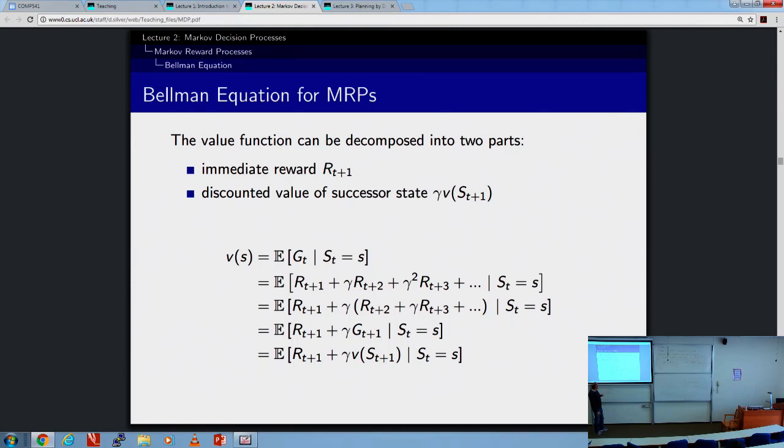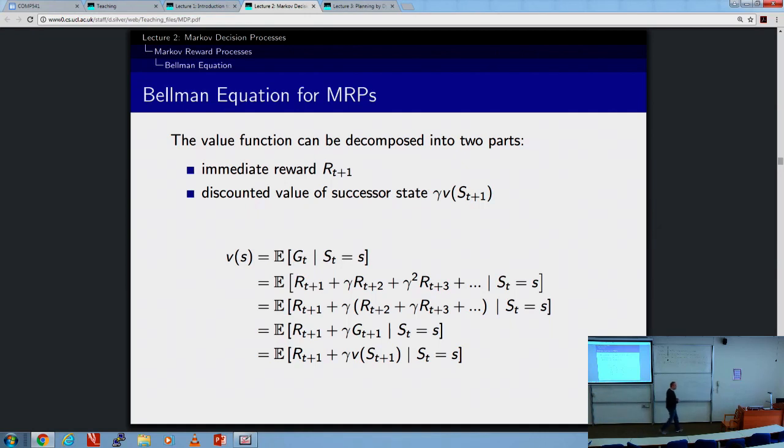So if I take the expectation of G_{t+1}, what is it? It's the value function of whatever state I end up in. I don't know what state I'm going to end up in, but G_{t+1} is basically the expected value function of that state.